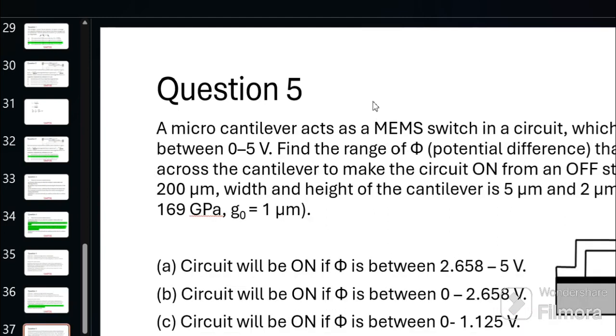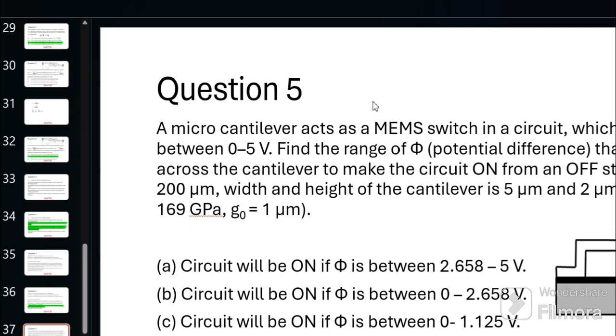So moving to question 5. A micro cantilever acts as a MEMS switch in a circuit which is operational between 0 to 5 volts. Find the range of potential difference that can be applied across the cantilever to make the circuit go from off to on state. The length L is 200 micrometer, the width and height of the cantilever are 5 micrometer and 2 micrometer respectively.